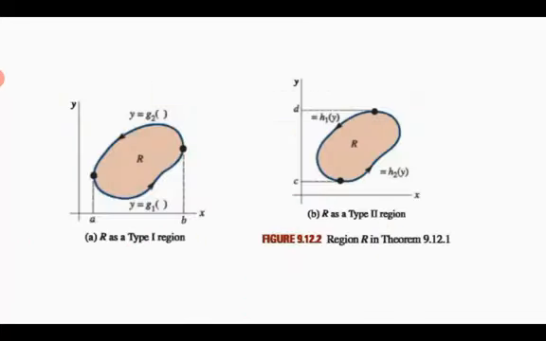So the type 1 region and type 2 region that you studied in calculus 2 should be recalled. When x takes constant limits and y takes variable limits g1(x) to g2(x), and there is a function f(x,y), and you want to integrate with respect to y first and then x, this is called a type 1 region.